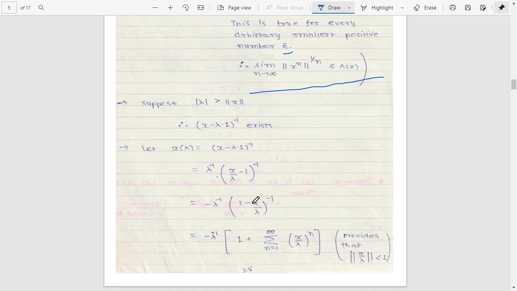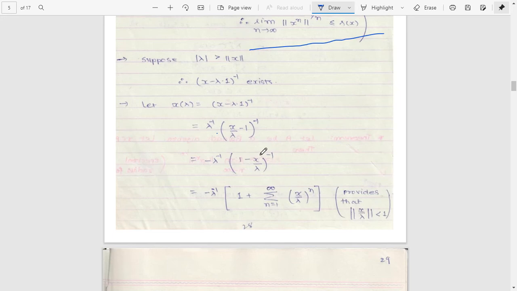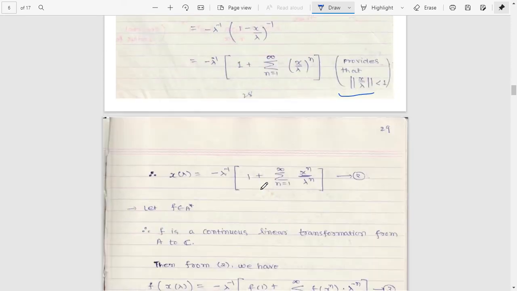Simplifying this by the previous lemma, 1 minus x inverse, we get 1 plus the summation n equal to 1 to infinity of x upon lambda raised to n. So x_lambda is equal to minus lambda inverse into 1 plus the summation n equal to 1 to infinity of x raised to n upon lambda raised to n. Equation number 2.